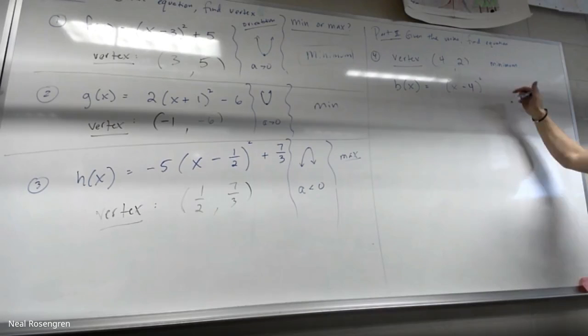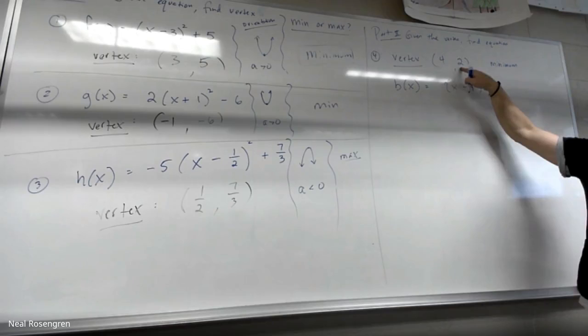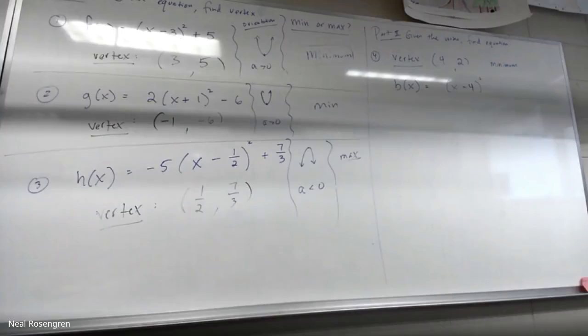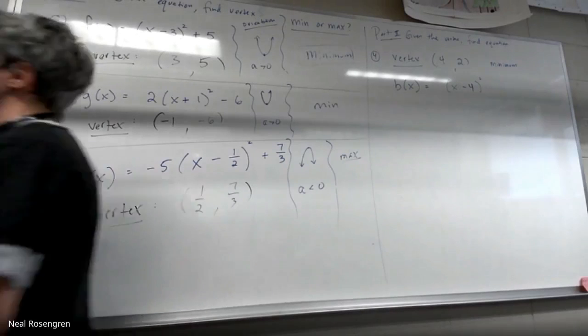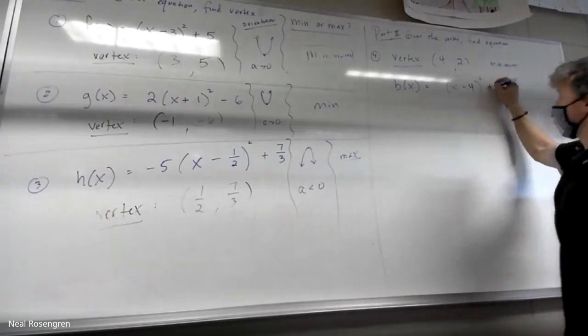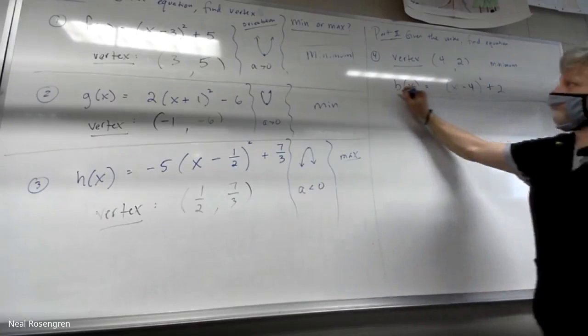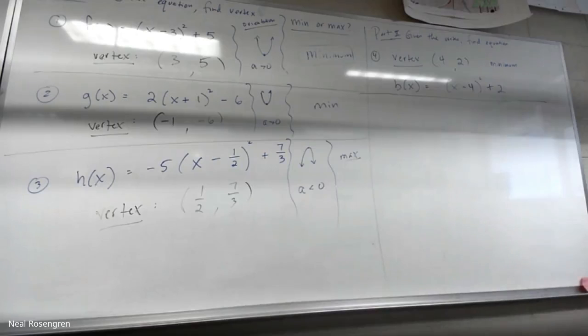And what sign should I put in between if this is positive 2? Plus. Remember, your horizontal value is the opposite, because horizontal transformations are backwards, but the vertical one is the direction we want. And if I want to go up 2, I better do a plus. Done. There it is. That looks good.